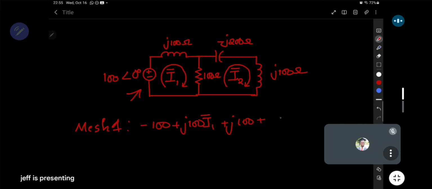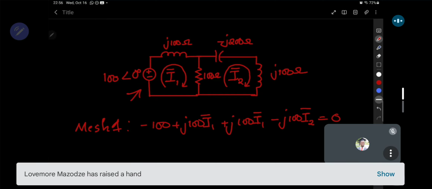So plus, I've already done the plus here, meaning it will multiply I1. Then since it is shared with I2, now we'll subtract the same thing. But when subtracting it, we'll multiply it with the one we are sharing with, which is I2. It is the last one in this loop, so this has to be equal to 0.